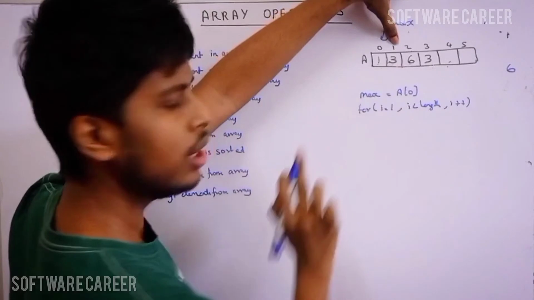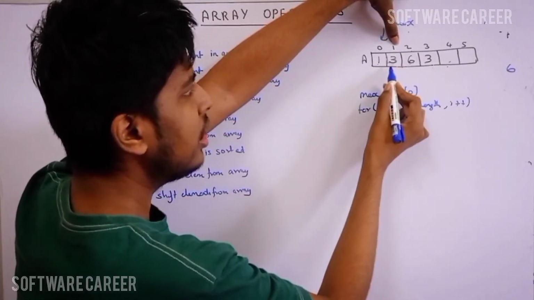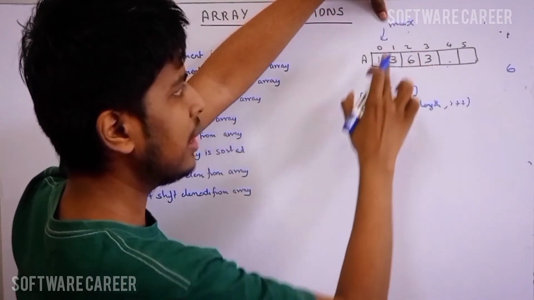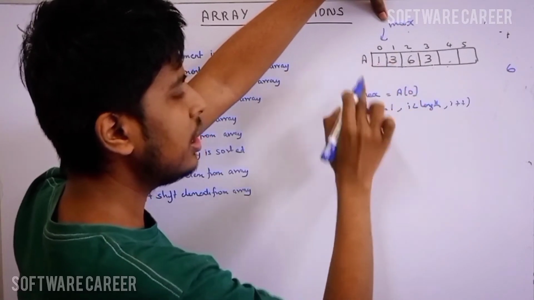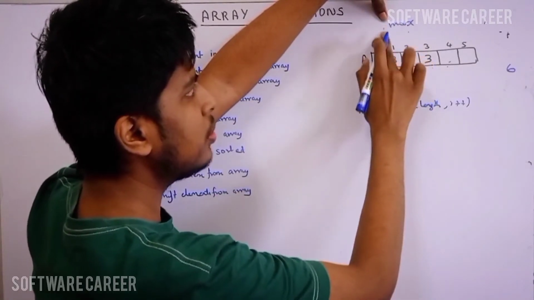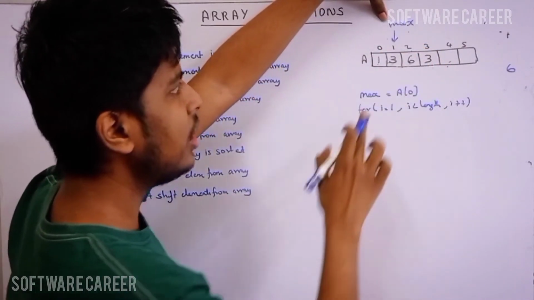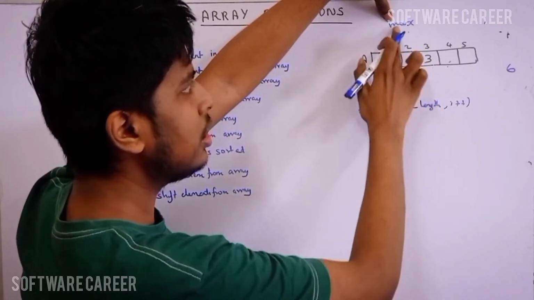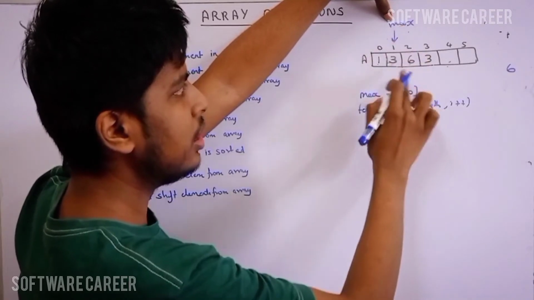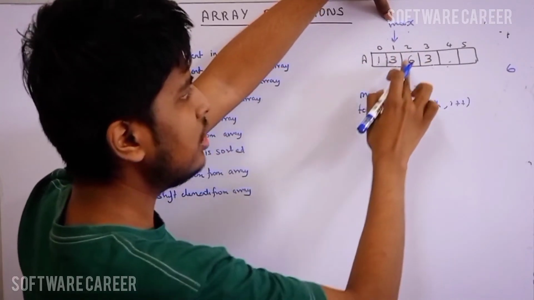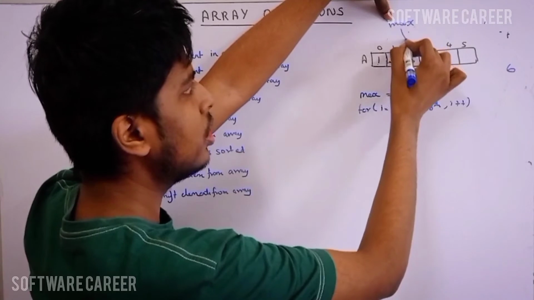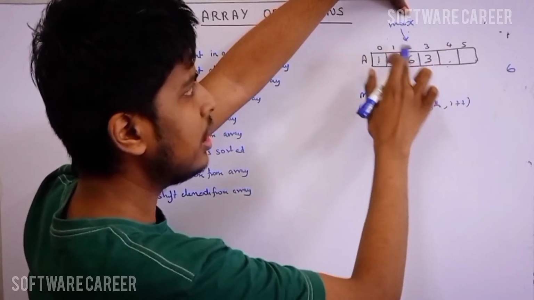I will compare whether 3 is greater than this maximum element. The maximum element is 1. If 3 is greater, I will change the maximum to this 3. Then I will check whether 6 is greater than this maximum. Yeah, 6 is greater than 3, so I will change the maximum to 6. Now I will check whether 3 is greater than this maximum.